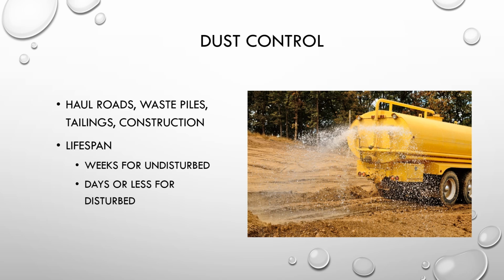The lifespan of these applications is, typically, a week to upwards of a month. Oftentimes we say if it's a haul road or a disturbed site, then it might be less than a week. If it's undisturbed, certainly a month or more.